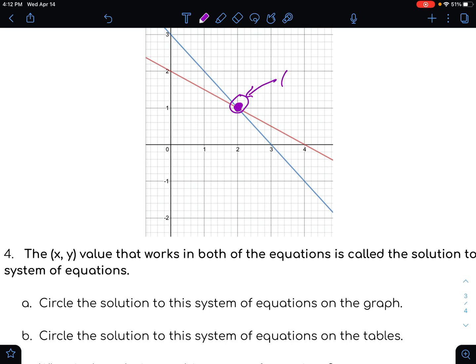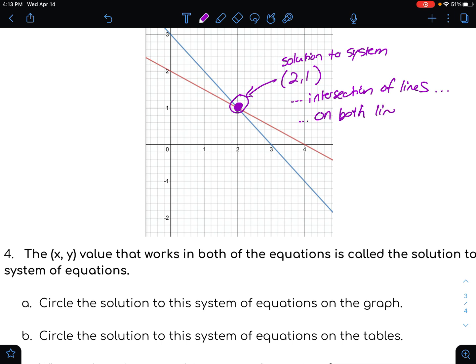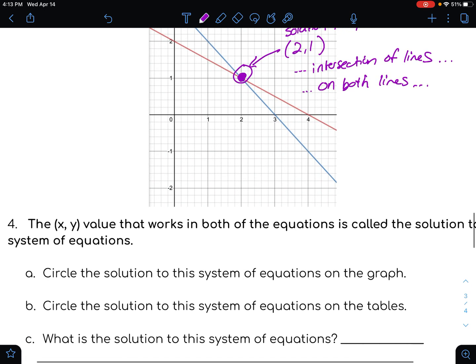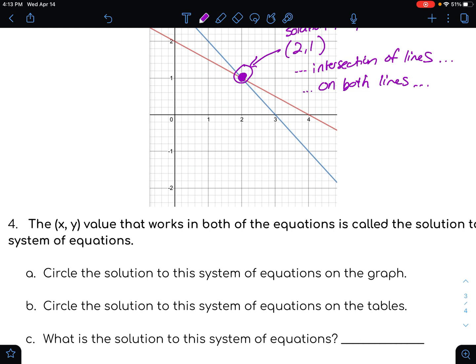So the coordinates of that are 2, 1. The solution to the system is 2, 1. It's the intersection of the lines. In other words, it's on both lines. The solution works for both of the equations because it's on both of the lines. So I want you to keep that in mind.